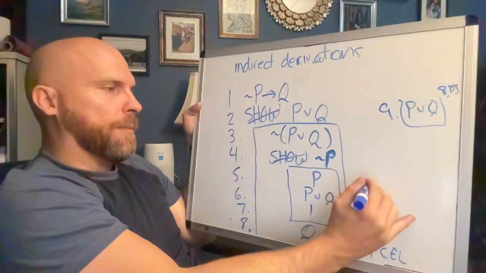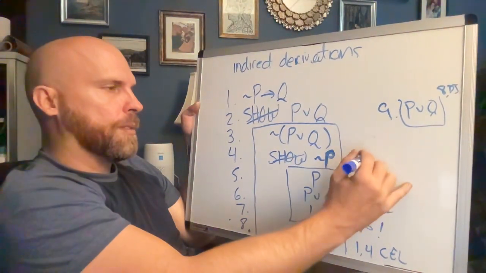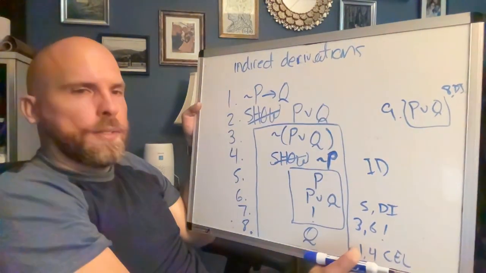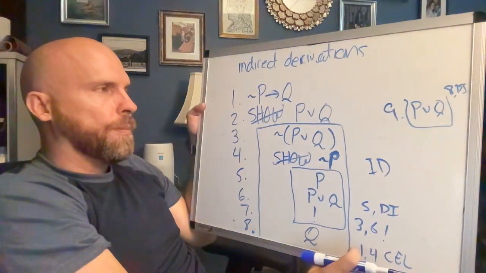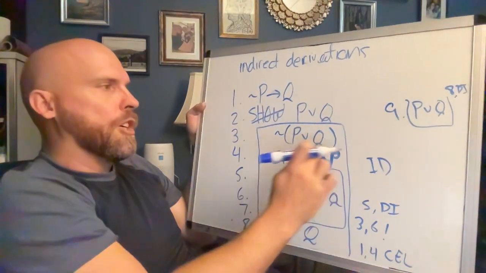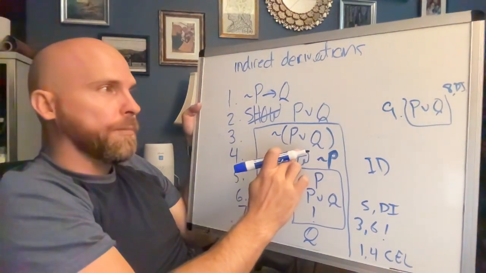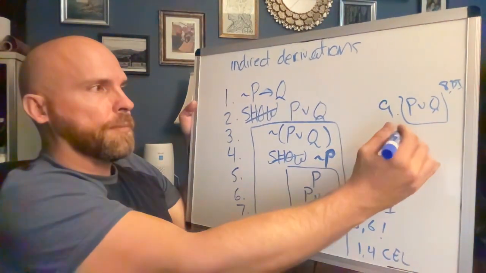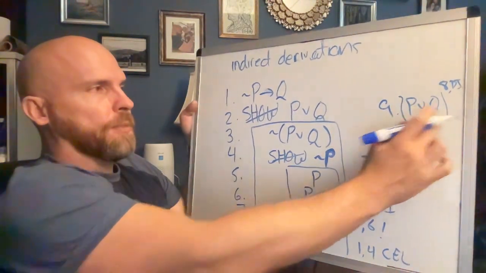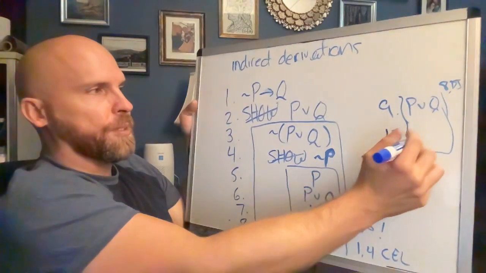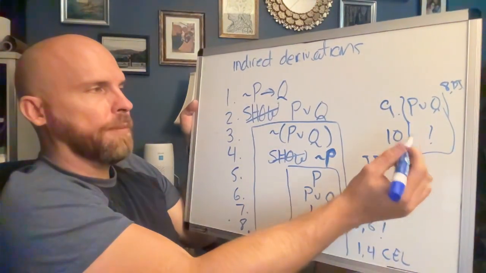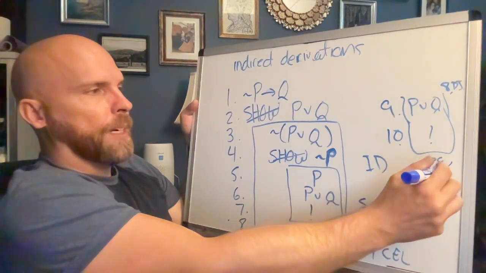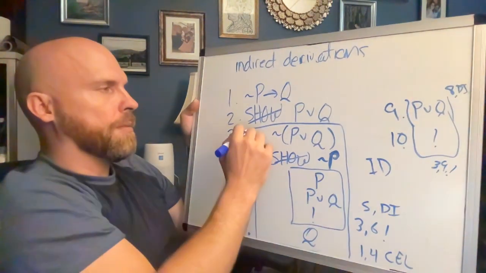Now what I did, again, I assumed for indirect derivation, I got not P. And now I've gotten P or Q, and that is a contradiction with here. There's a conflict, so I want to be correct, so you learn this, I'm going to go boom, a bang, and that's because 9 and 3, bang, got my contradiction.